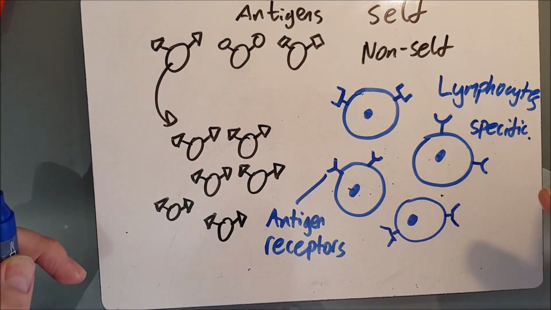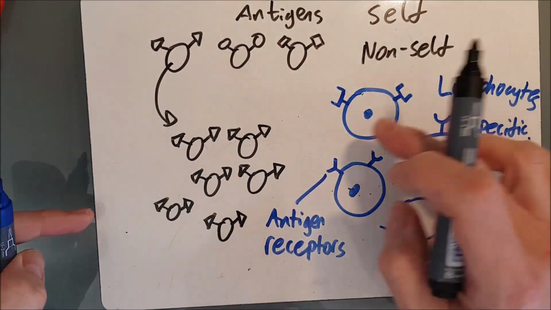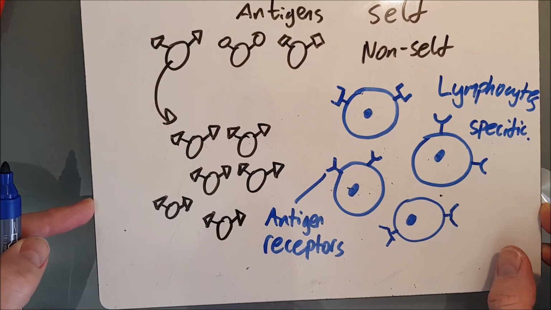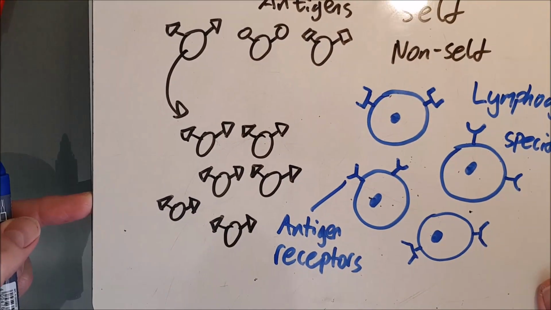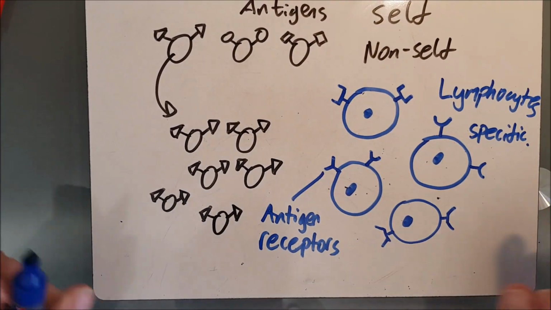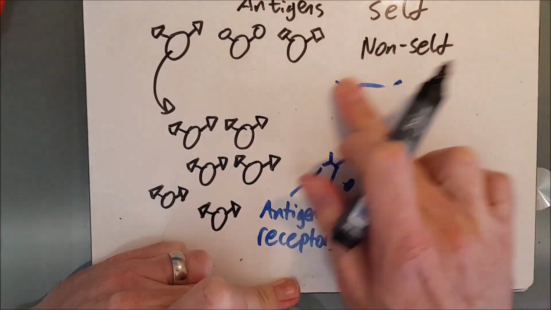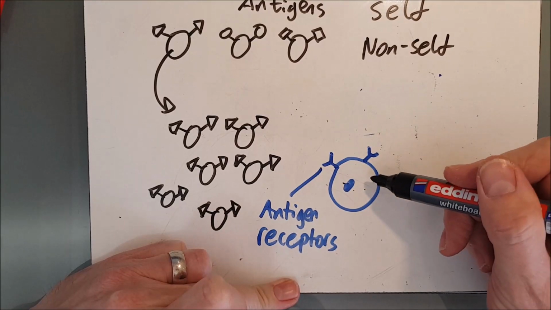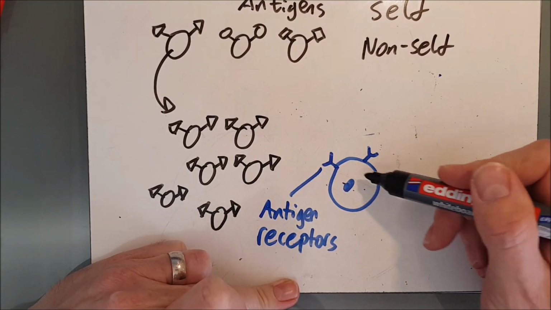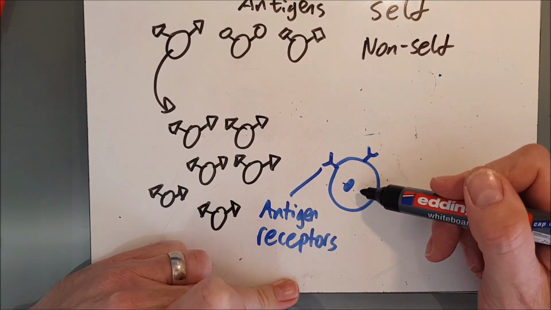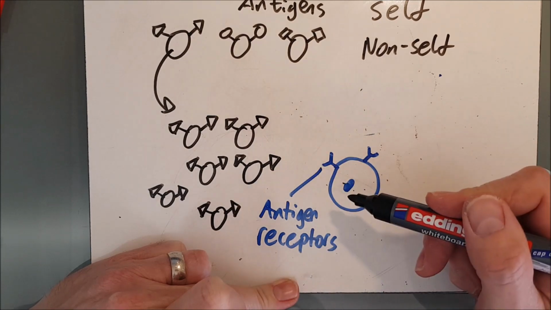All right. What will happen next, though, is that your lymphocytes will start to kick in and start to recognize them. So if I just get rid of all of these, only this white blood cell, this lymphocyte here, is able to recognize this antigen.